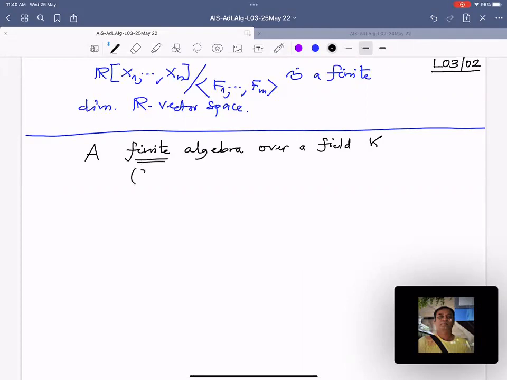So this means finite dimensional K-algebra.